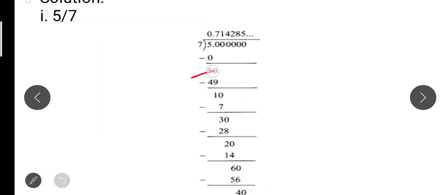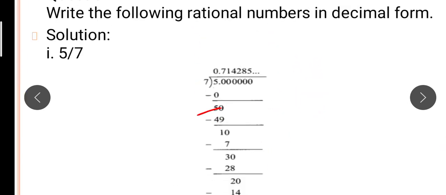If you observe this 5, this 5 and this 5, again 5 means the same digits will come: 714285. This whole set of digits after the decimal is of a recurring type.